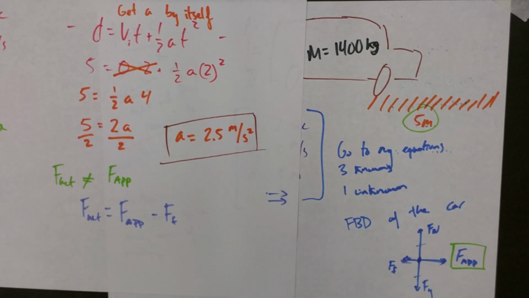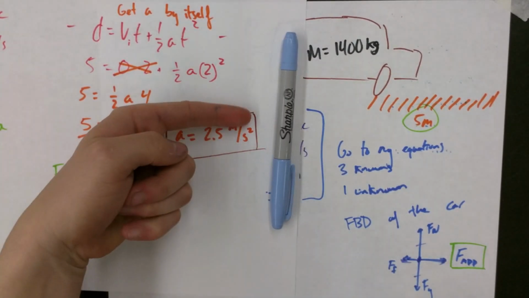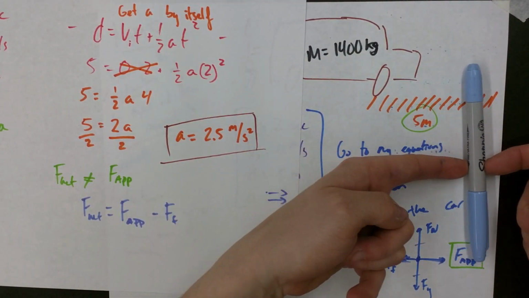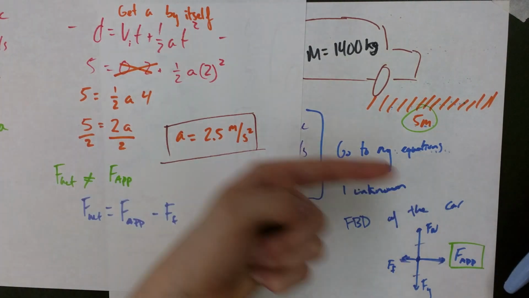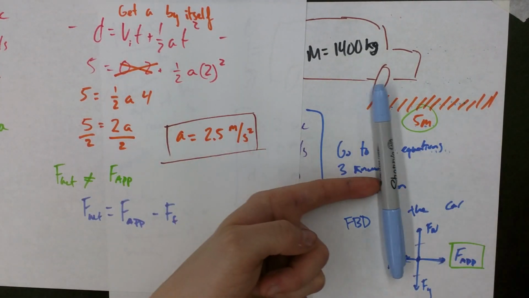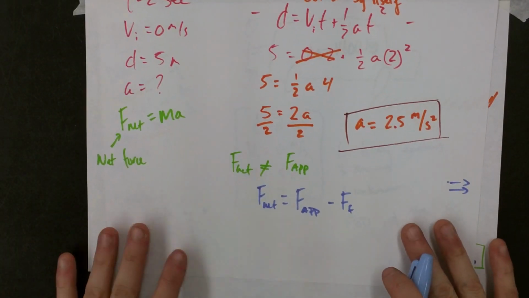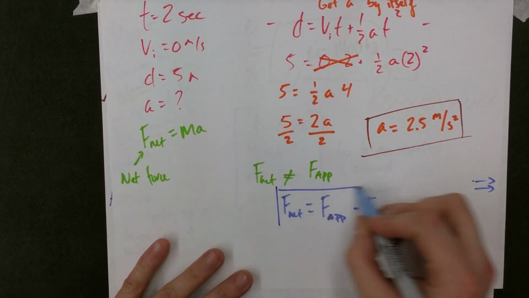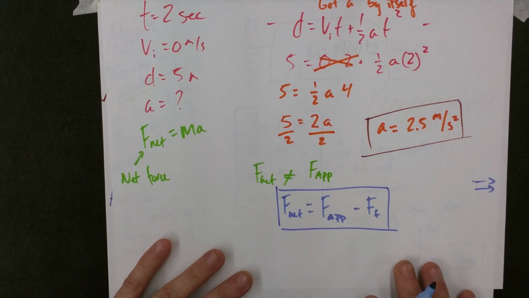It's like if I was pushing on this pen with 10 newtons and you were pushing on the pen with 5 newtons, the overall net force would be 5 newtons that way. 10 minus 5. Okay.